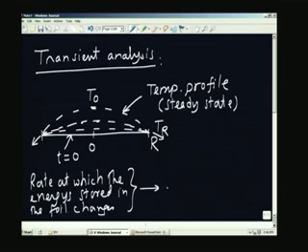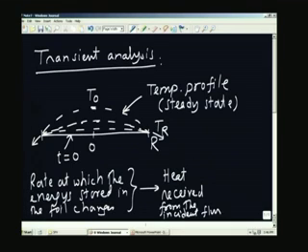One is the heat received from the incident heat flux minus heat removed at the periphery. So, this is basically the idea.